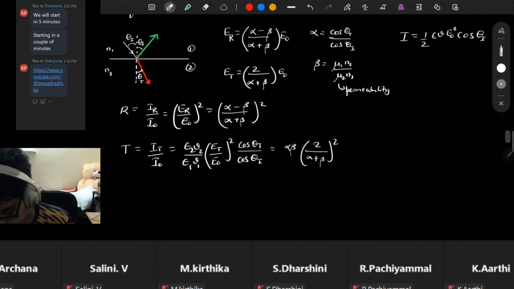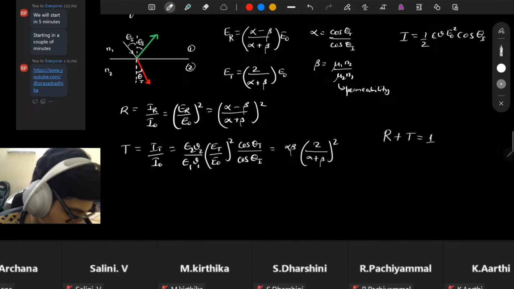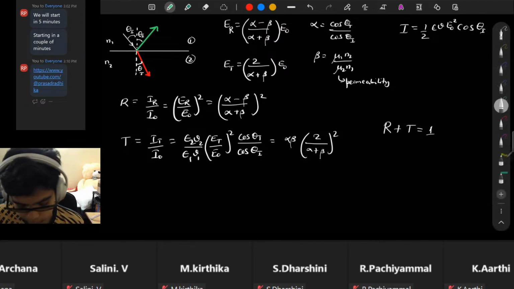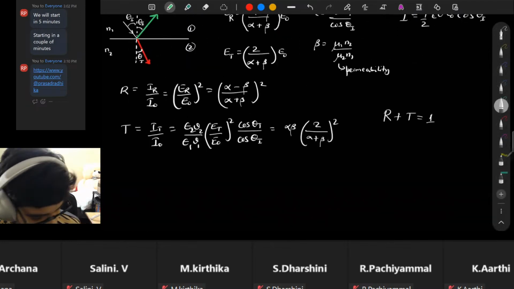This is what it comes out to be, and again r plus t is equal to 1. And as I mentioned, this is from the following book. Let me write down the reference.